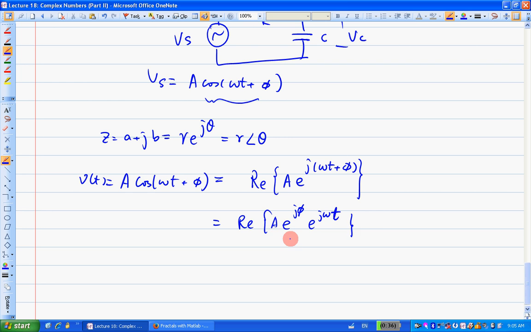Now, looking inside this big bracket, this A e^{j phi} is called the phasor for this v(t) signal.